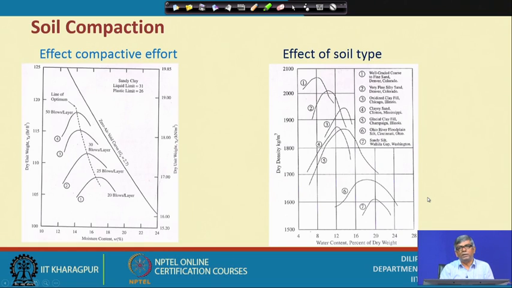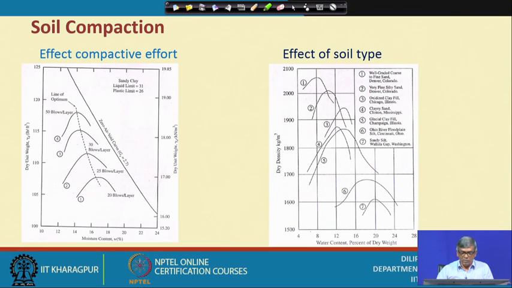Now, as I have mentioned, when we conduct the test we are talking about the energy, and we are talking about the soil type. Some soil, using a constant energy, can be densified to some dry density. If I take some other soil, you may not be able to densify it by that amount with the same energy.